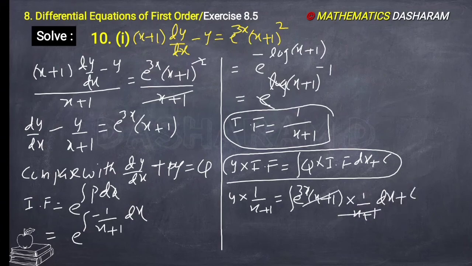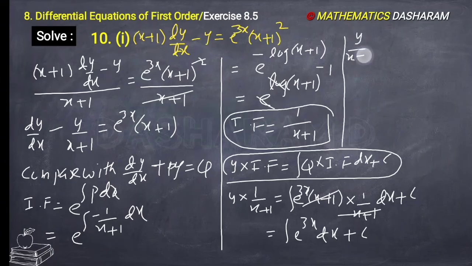Here x plus 1 cancel, e power 3x dx plus c. So y by x plus 1 equals e power 3x by 3 plus c.